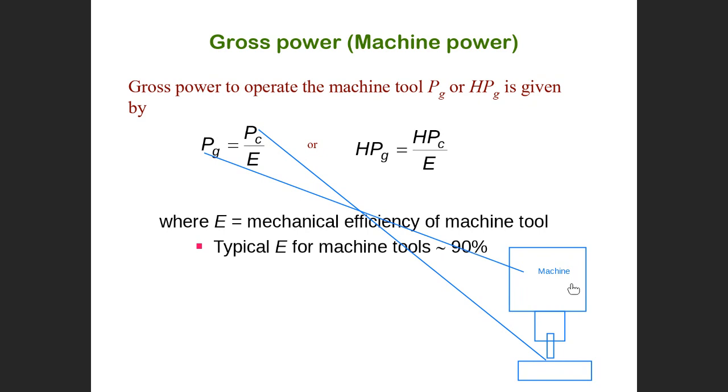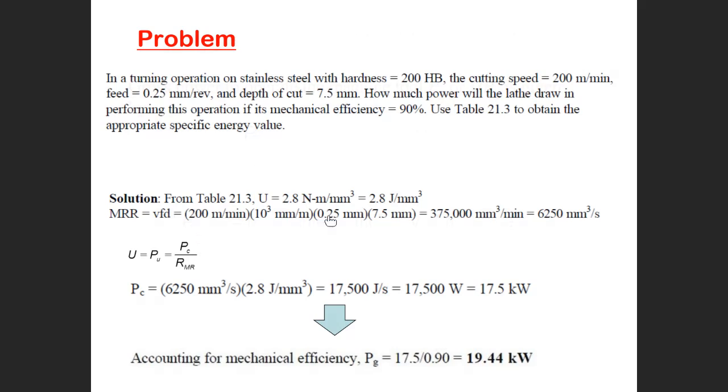If the machine power is 1.5 and the machine efficiency is definitely less than 100%, then the power you can get from the machine is less than 1.5. So the machine power equals PC divided by the machine efficiency. Usually machine efficiency is less than 1, so machine power must be bigger than the power needed to do the cutting process. Okay, let me give you an example.